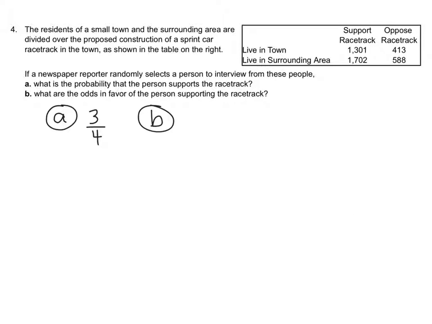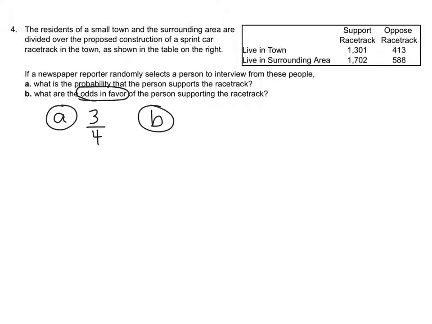Part B. What are the odds in favor of the person supporting the racetrack? Now I want to find the odds in favor. The formula for the odds in favor is just the reciprocal of the odds against.